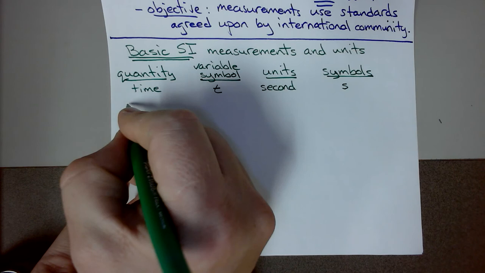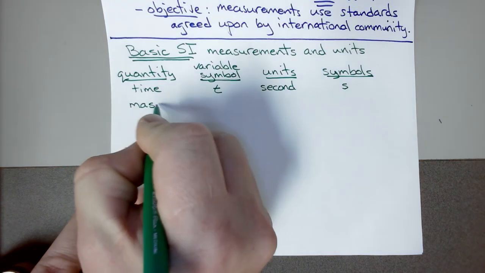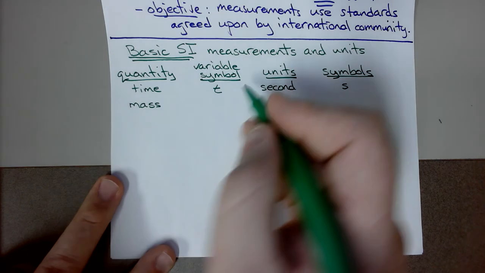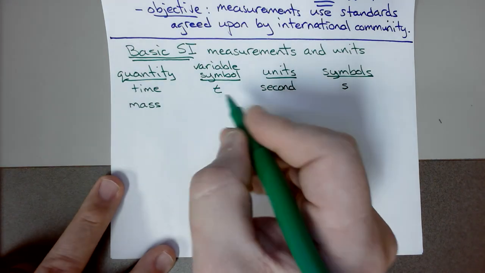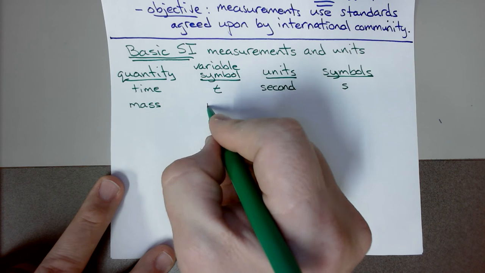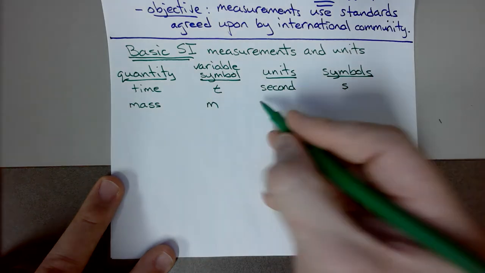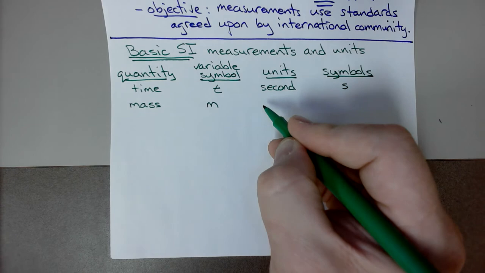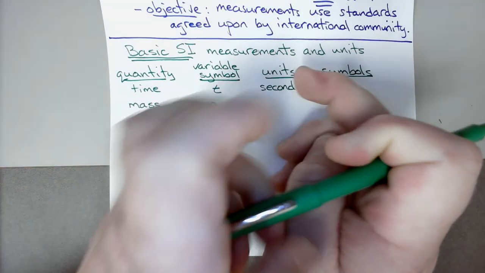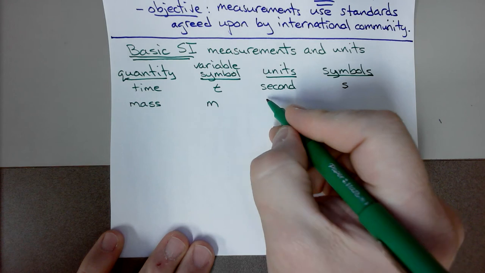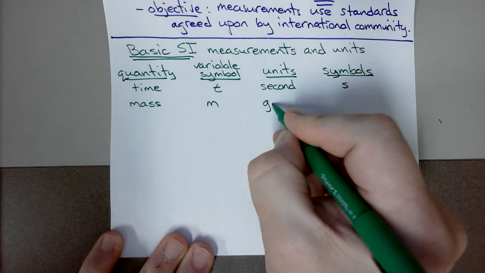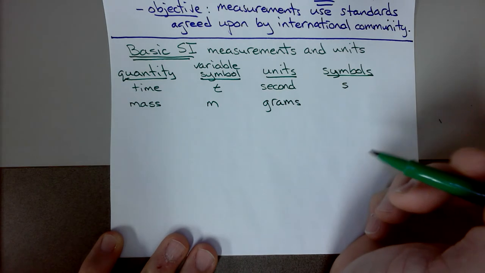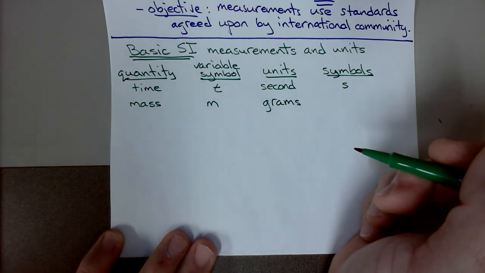The next one would be mass. So that's a base quantity, or quantity that we can measure directly. The symbol for the variable in an equation is an m. The international unit is kilograms, but a base unit that we're going to talk about is grams. So you can measure grams, and then we can say that there are kilograms, which are 1,000 grams.